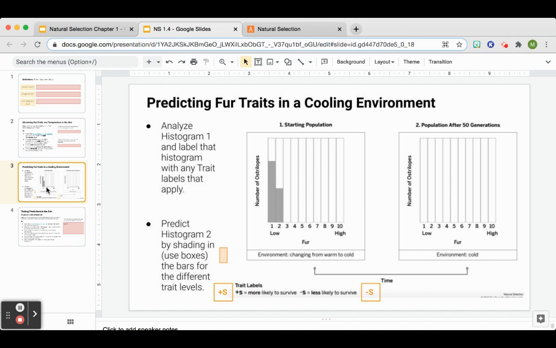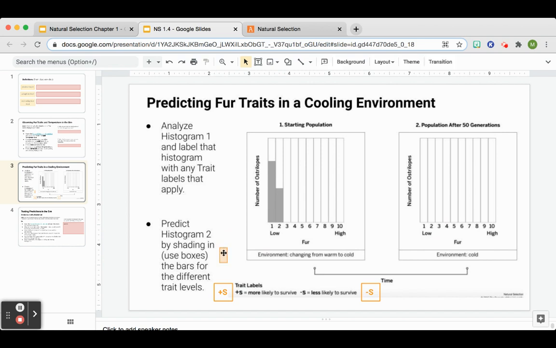So what you're going to do here is you will add these plus or minuses to each of these two bars. We have the same environment changing from warm to cold over time, but now we just have a smaller distribution. There's only low levels. There's no medium ones. So then after 50 generations, you're going to take these and predict what it's going to look like after 50 generations.